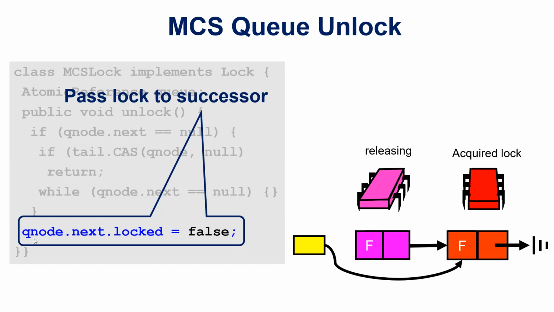That is what qnode.next does. The current qnode is the purple thread, so qnode.next means it is pointing to the next thread, that is the red thread. Now we are changing the red thread's locked field value to false. It means the purple thread releases the lock and the red thread acquires the lock and enters into the critical section.